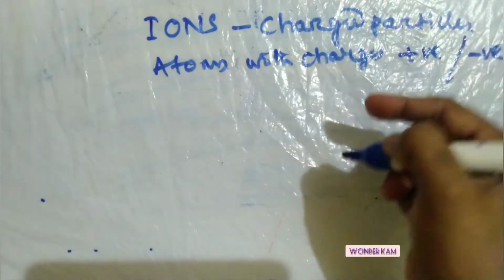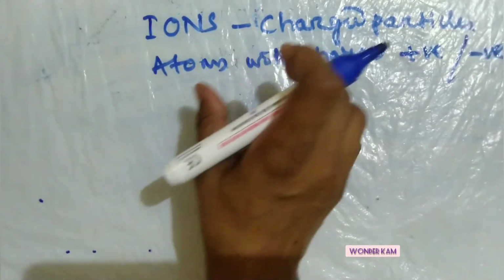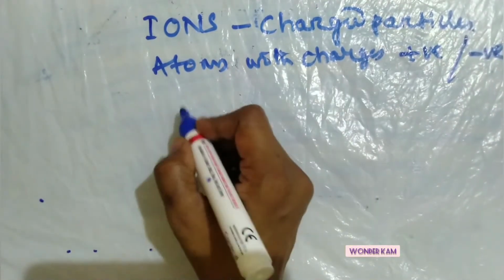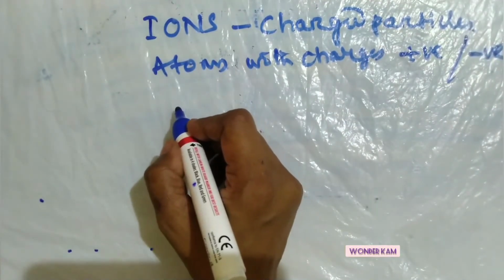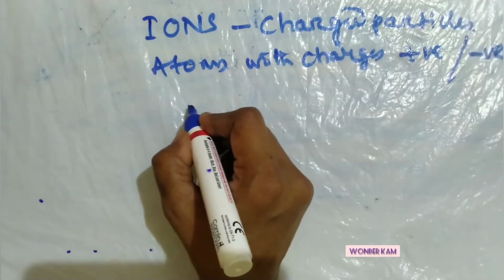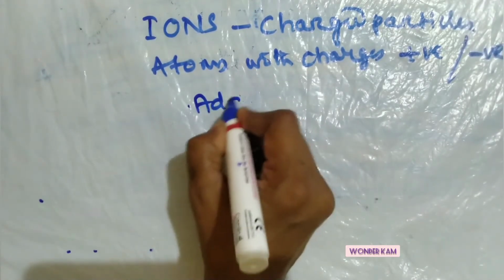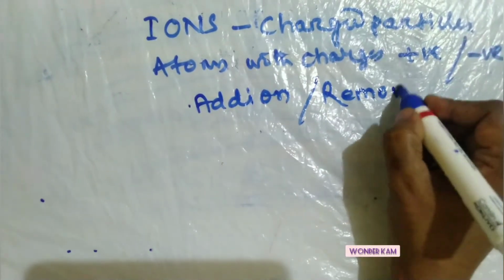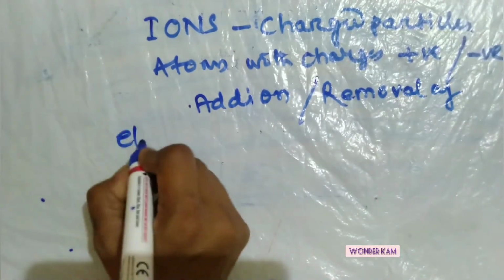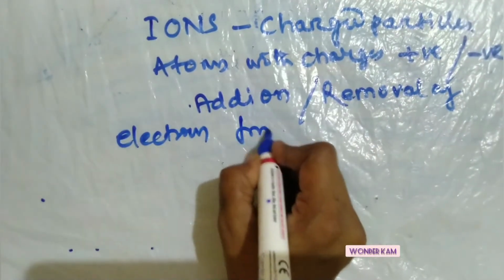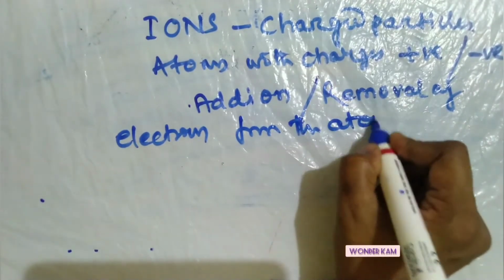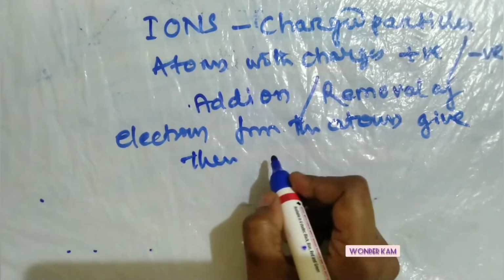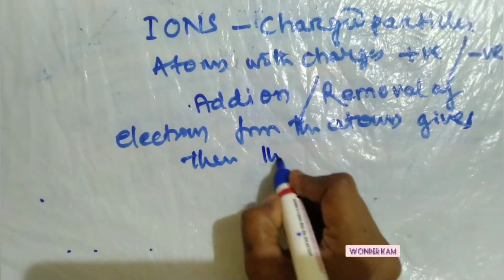How do the atoms or elements get the charges? Just remember this for the time being: removal of electrons from the atoms gives them the charge.